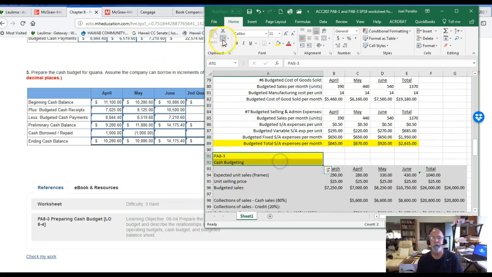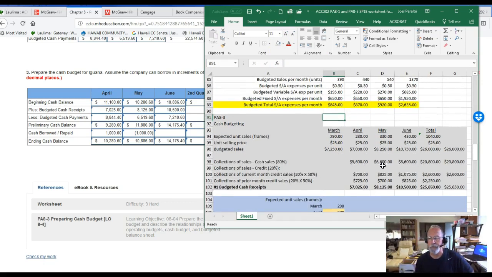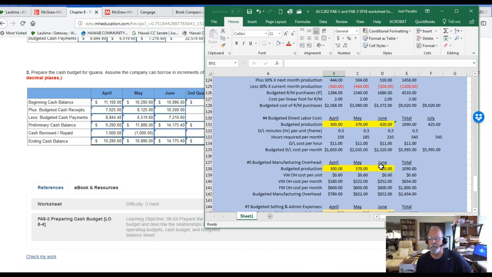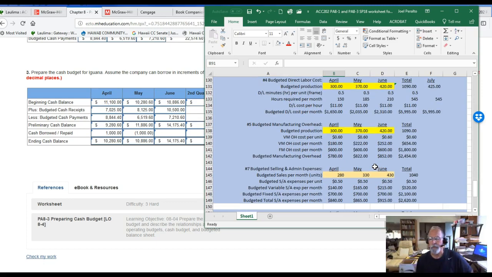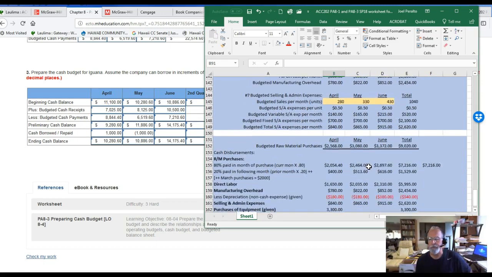Okay. Hopefully that makes sense. I think it would be helpful if you had this worksheet information.